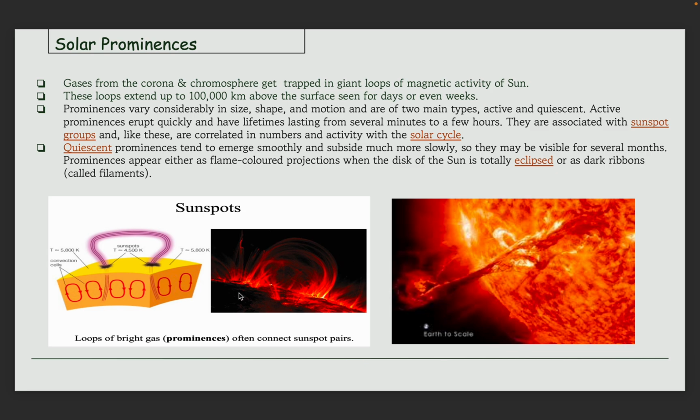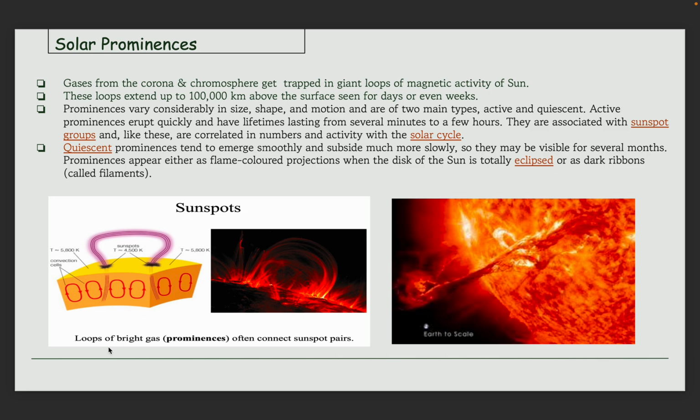Sunspots are spots where the temperature is cooler than the photosphere. It has a temperature of about 2500 Kelvin at the base of the sunspot, and about 3500 to 4500 Kelvin elsewhere. At the photosphere, the temperature is about 6000 Kelvin, or 5800 Kelvin.